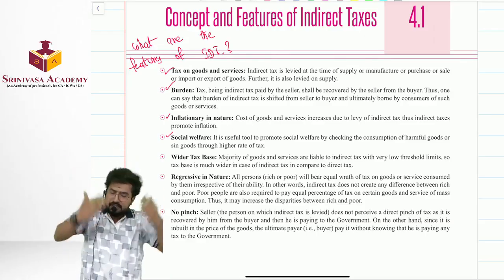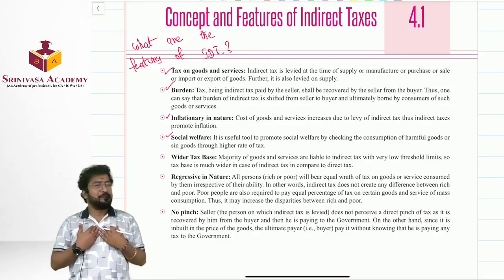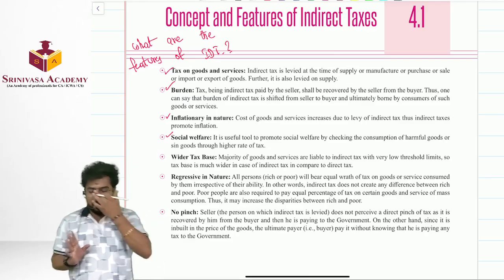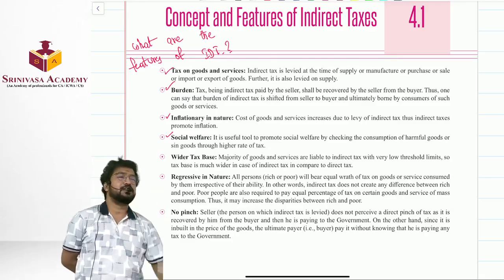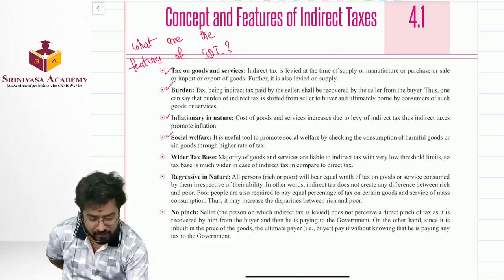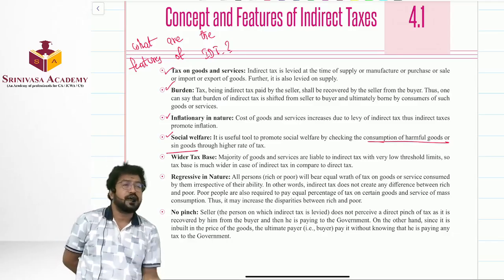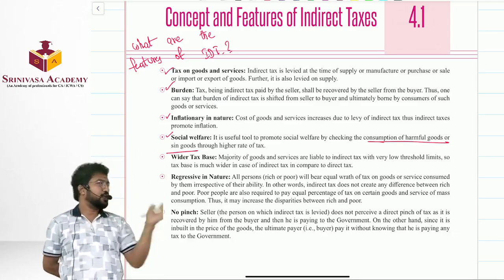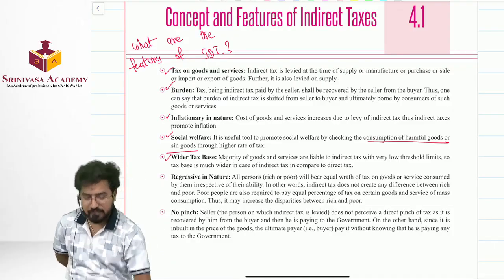If prices increase, people will stop consuming tobacco and liquor. So how are you going for social welfare? Sir, I am putting a check on consumption of harmful goods or sin goods through a higher rate of tax. Okay, that is how you are bringing social welfare. Right, super. Next one, what is the next one?